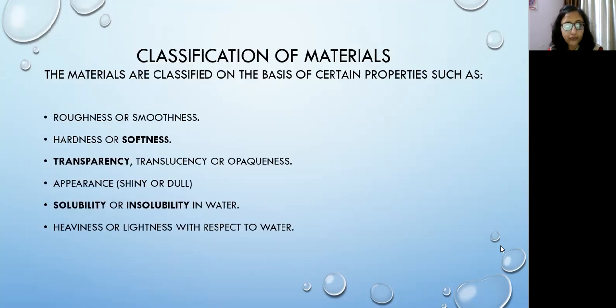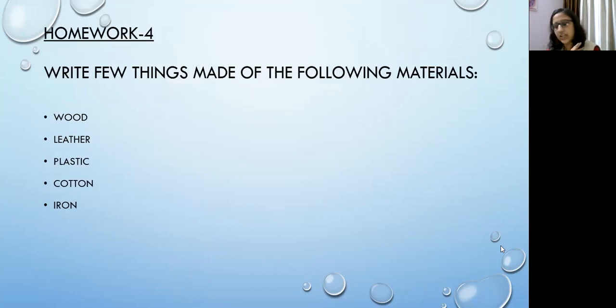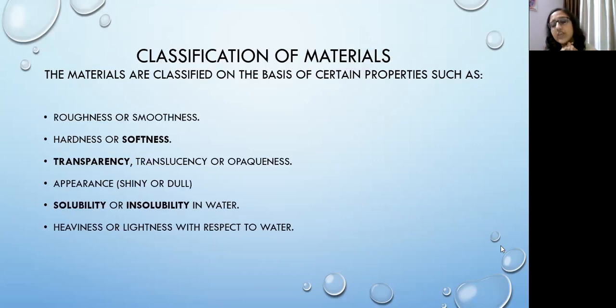Okay, now we have discussed everything about materials, about objects, about why these materials should be classified, why we should group these materials. Now the next is how this classification is done.